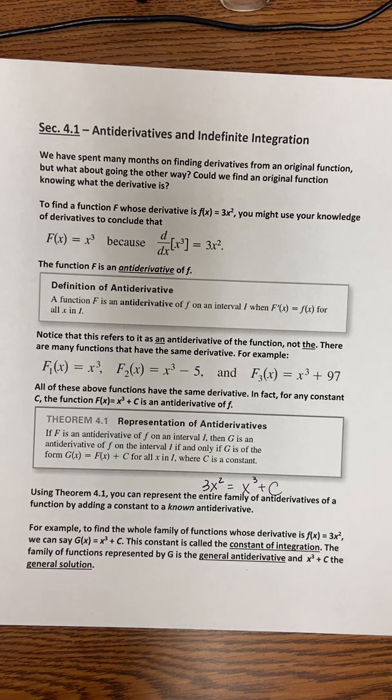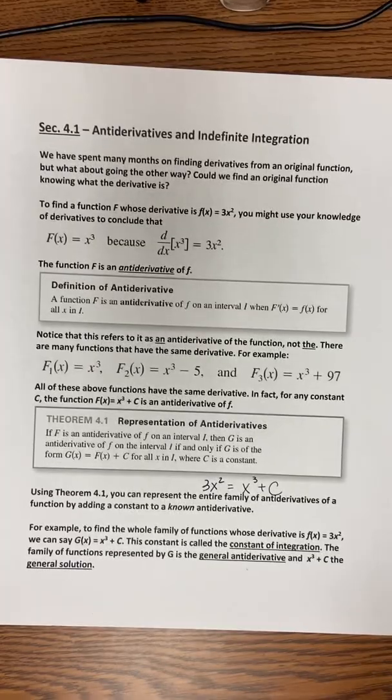There's something we'll learn about later called definite integrals where the plus C doesn't come into play. The family of functions represented by G, that x cubed plus C, is called the general antiderivative, or general solution. If we needed a specific solution, we would have to have some piece of information in order to determine what that constant is.